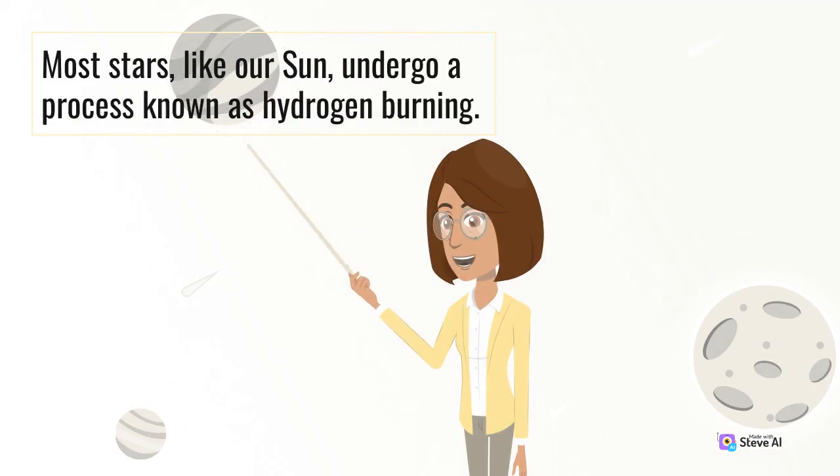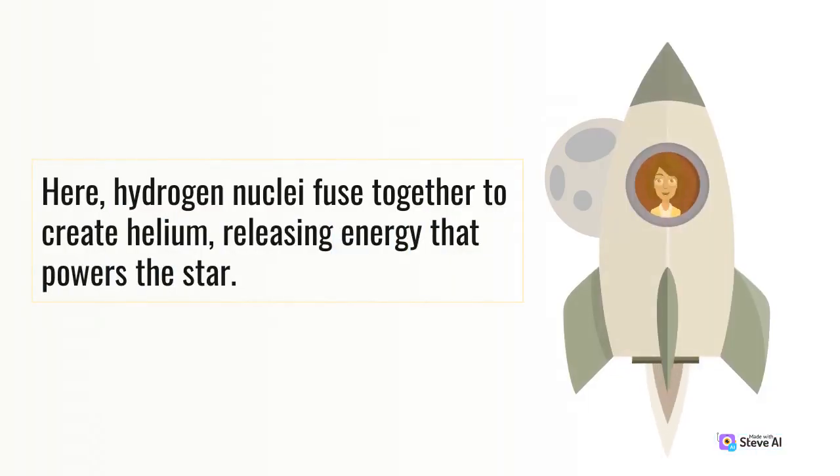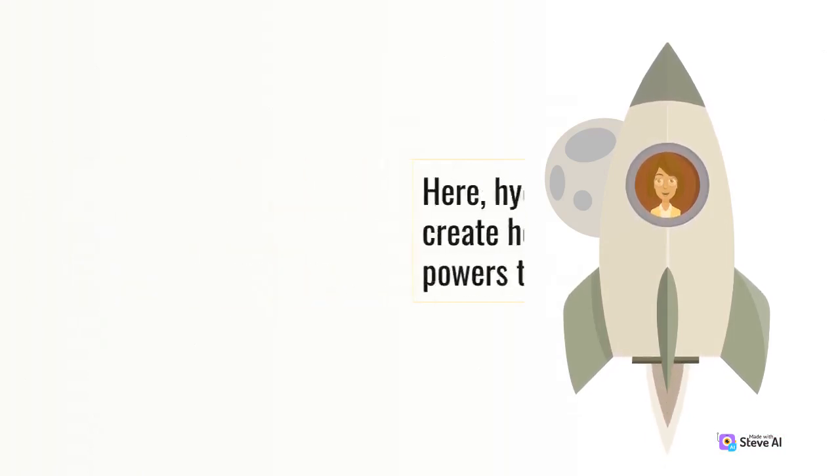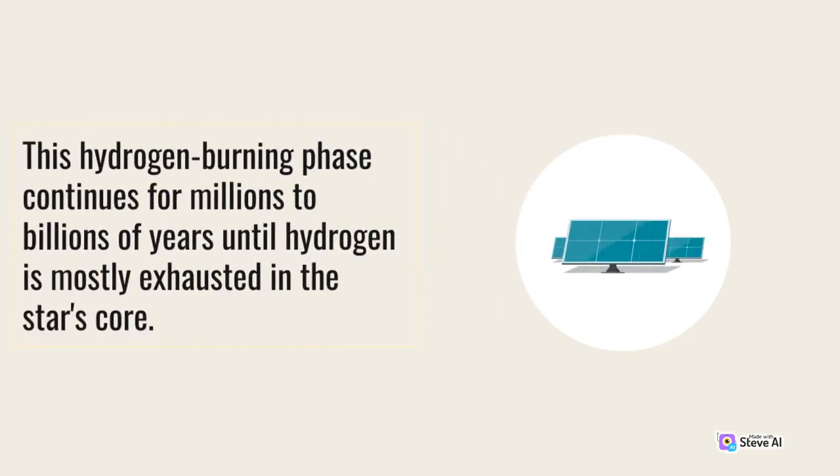Most stars, like our Sun, undergo a process known as hydrogen burning. Here, hydrogen nuclei fuse together to create helium, releasing energy that powers the star. This hydrogen burning phase continues for millions to billions of years until hydrogen is mostly exhausted in the star's core.